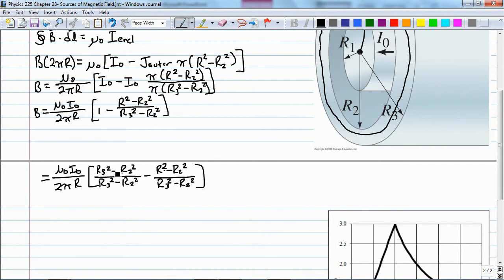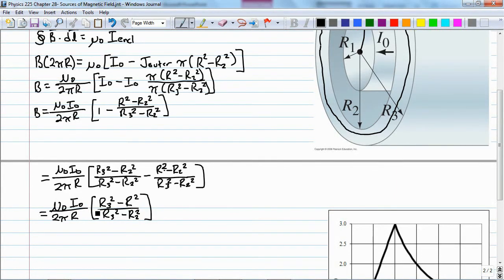And notice that I'm going to have a minus r2 squared minus a minus r2 squared, so the r2 squareds are going to go away, and it's going to leave me with mu naught I naught over 2 pi r times the quantity r3 squared minus r squared over r3 squared minus r2 squared.